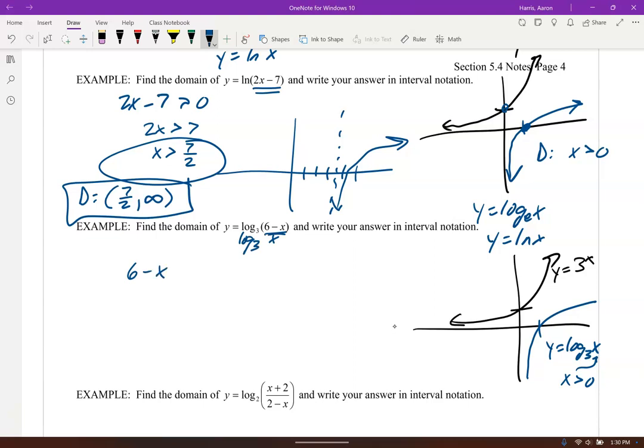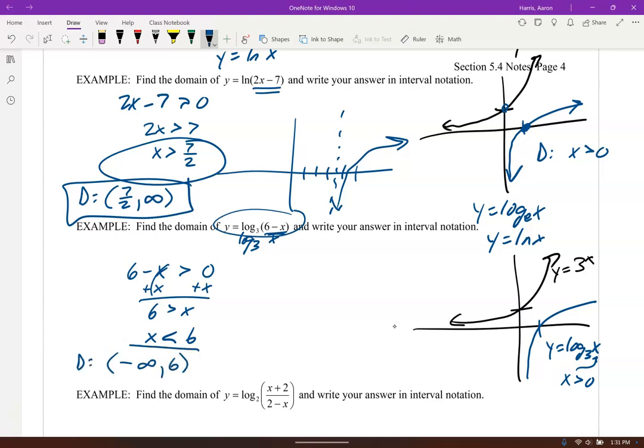So we know 6 minus x has to be positive. Let's add x, so we have 6 greater than x. In other words, x has got to be less than 6. Now we didn't graph this, but if you take a look at the graph of the actual log base 3 of 6 minus x, you'll see the domain is from negative infinity up to 6. Here's your domain on that.